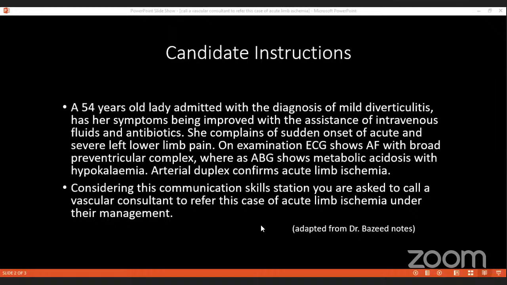The ECG changes are most likely that of AF, atrial fibrillation, and it's possible that she has formed emboli in the atrium and thrown some to the limb and to the abdomen. So she may have ischemic bowel, ischemic colitis, or ischemic enteritis.